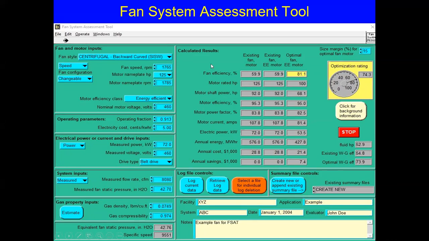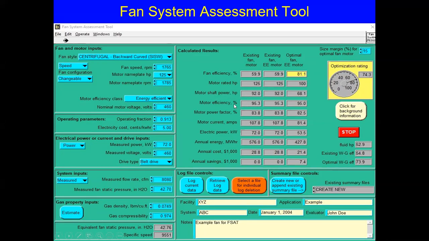Okay. So the output was that this analysis showed the fan was operating at 59.9% efficient, 125 horse. That's what I input to it. Shaft power was 92, motor efficiency 95.3.